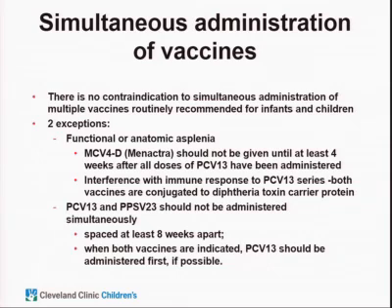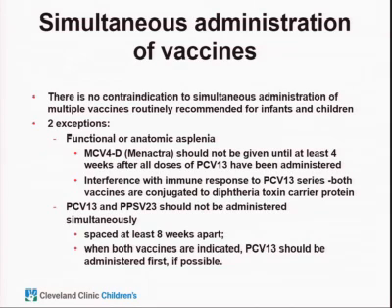So in the second year of life, when you may give Menactra to a high-risk individual, you don't want to give Menactra during the second year of life because they're also going to be getting PCV13 during that time. So during that time, you need to use another meningococcal vaccine if they need it.